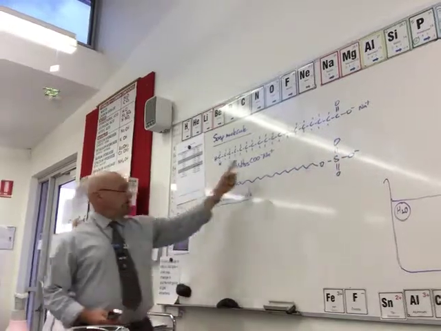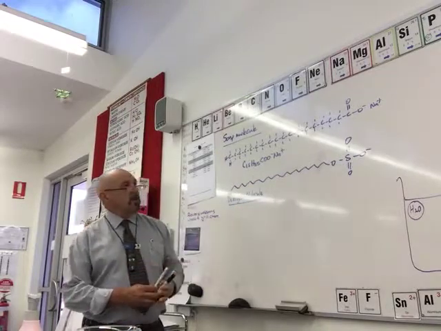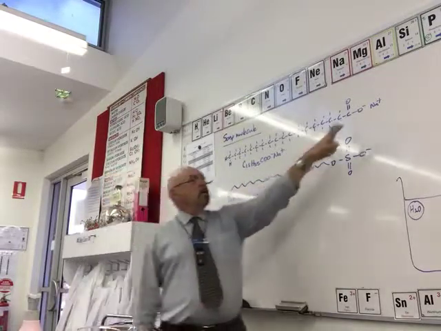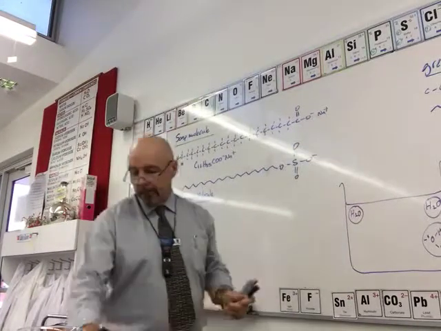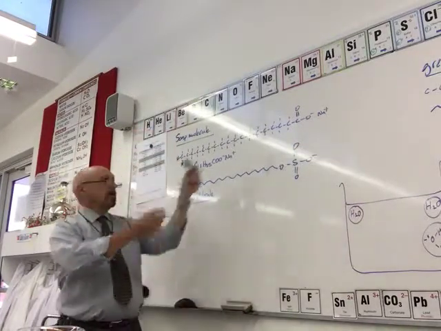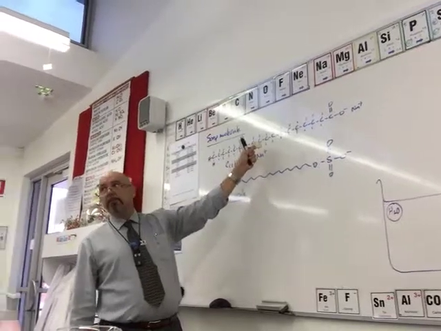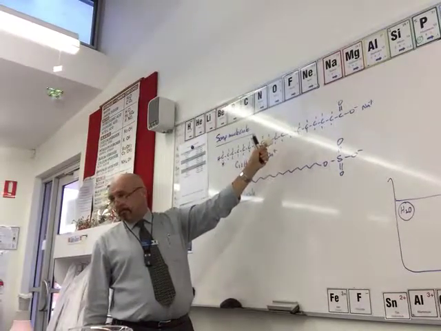All right, the structure. If we look at the structure for soap, all right, and I've drawn it here with a sodium. Now this will be a solid version of soap. We all know what it looks like. Here it is, okay? Here's my Lux soap, all right? So that's what it looks like right now.